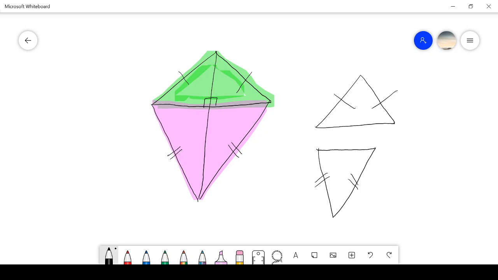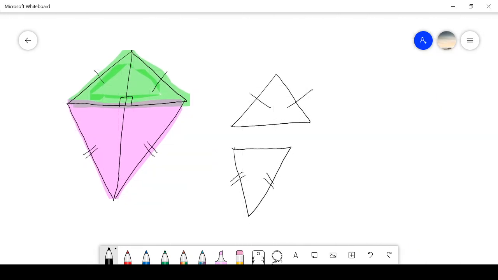So, let's do that. So the area of a triangle is equal to half base times height. Okay? And the area of this triangle is also half base times height. Now, before we go further, let's give this kite some letters.